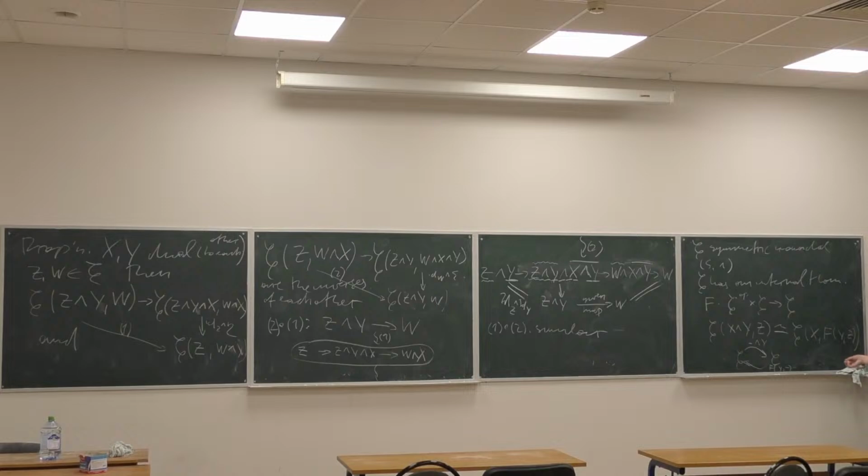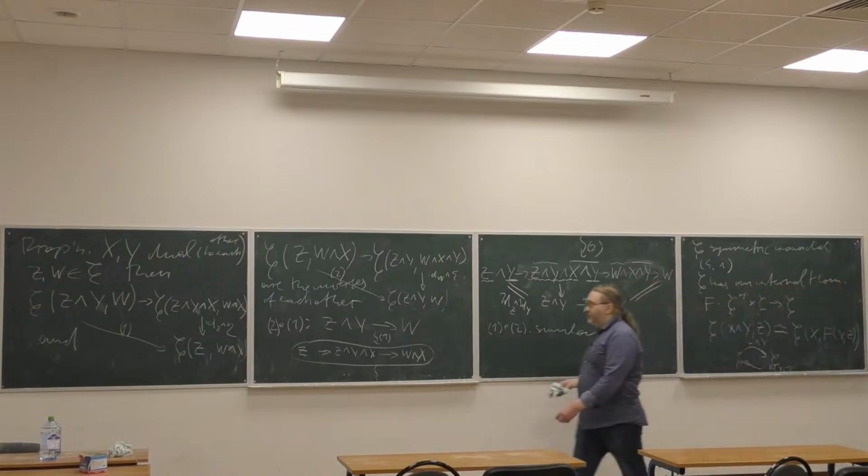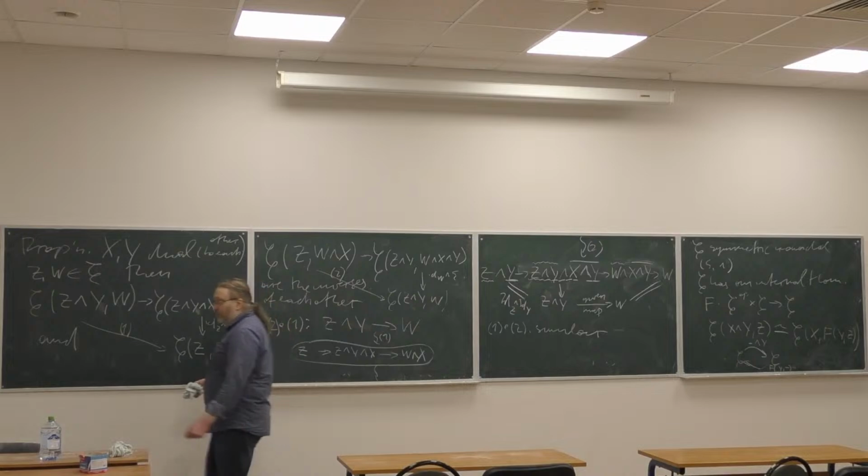So basically, we want to write a right adjoint of this functor, and if this right adjoint exists for every Y and depends functorially on Y, in this sense we say that the category has an internal Hom.